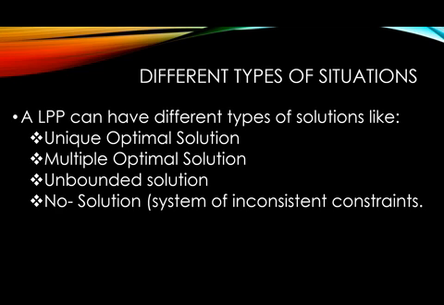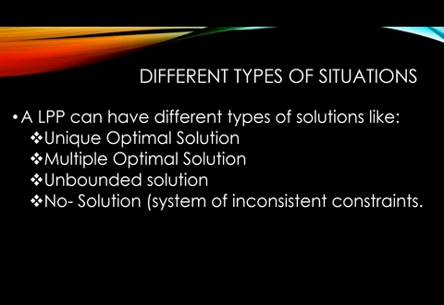Then no solution. Let me say I try to plot the lines and the lines do not intersect at all. It does not give a feasible region. In such a case, there is no question of getting an optimal solution because a feasible region is not generated. Only if I get a feasible region, that is the orange region, can I find the extreme points and the optimal solution.